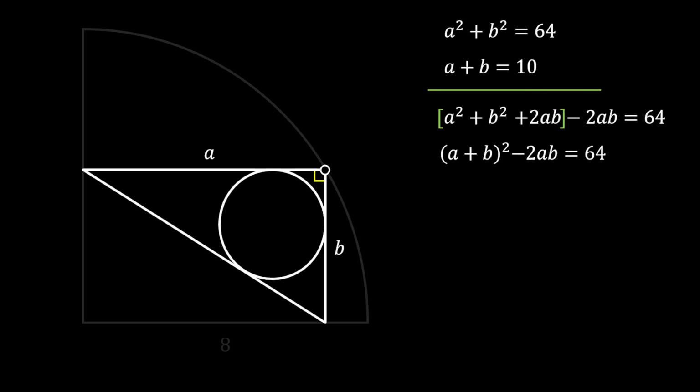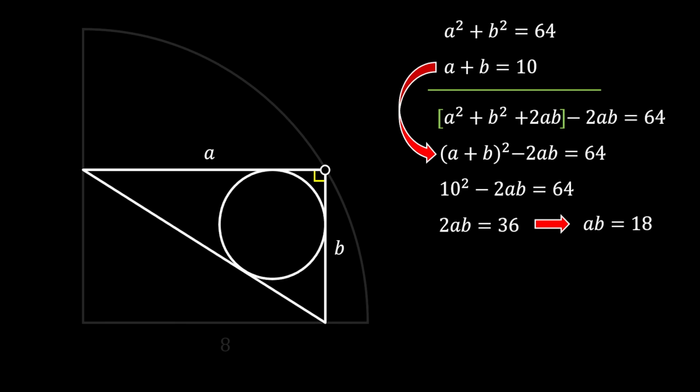Now, since we already know that the value of a plus b is equal to 10, we can substitute this in and get the following. We can work through this equation and get that 2ab is equal to 36, which means that a times b is equal to 18. Now, remember, we are looking for the area of the right triangle with the legs a and b.